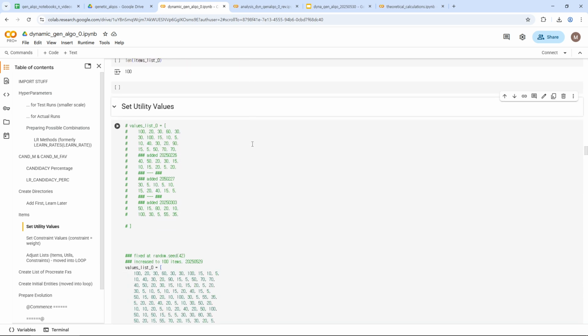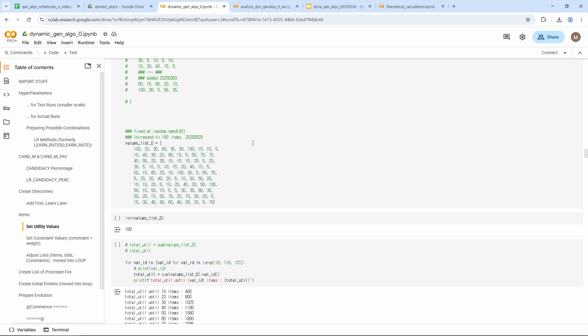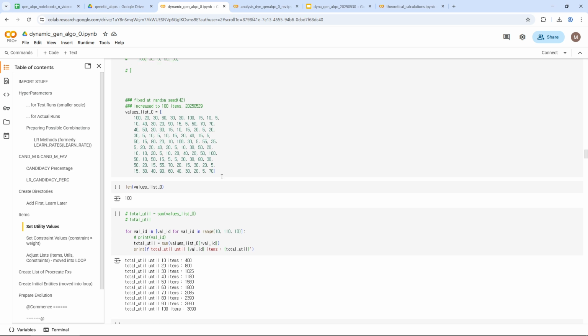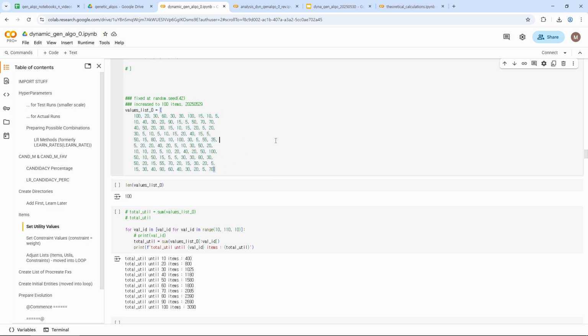I randomly sampled 50 values from the pre-existing 50 values, allowing for repetition, or with replacement. And this is how it looks like. So this is the values list, or the utility values list.